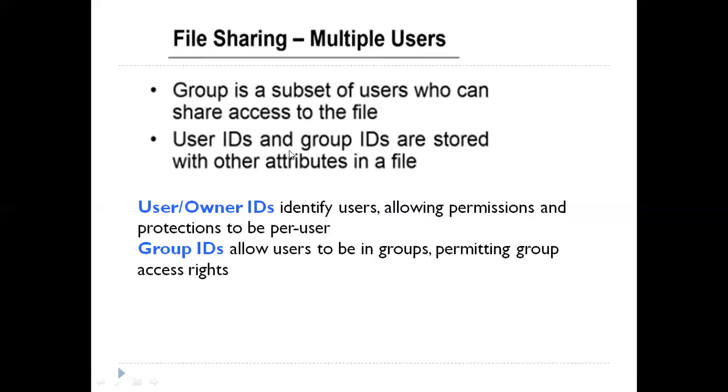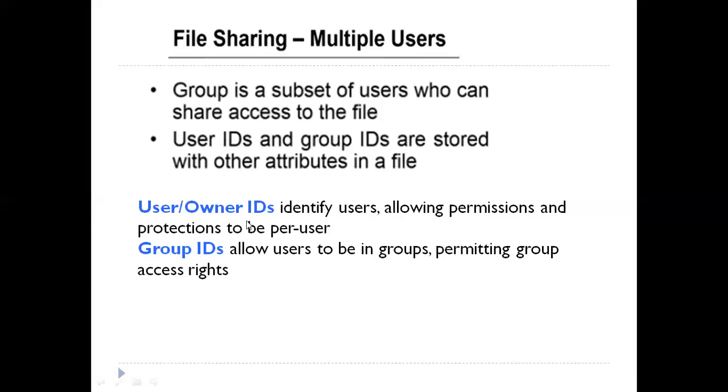So user ID and group ID are stored with other attributes in a file. If I have 10 users, what privileges are given for that particular file, and what IDs are given to those groups, all of that is stored on the disk.